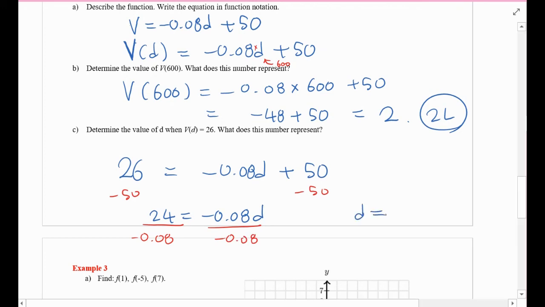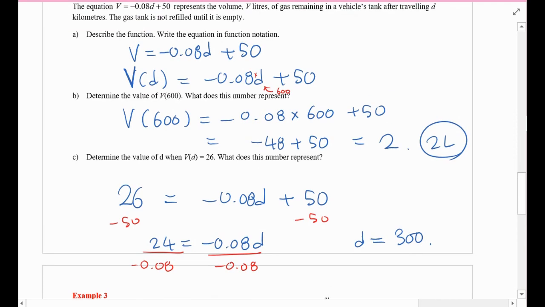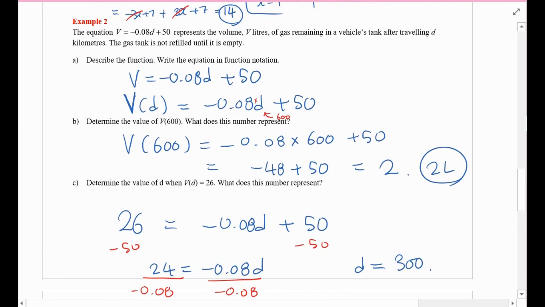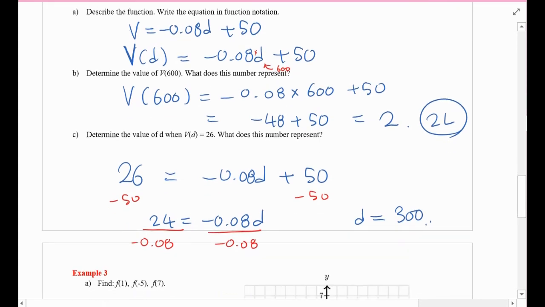And D equals 24 divided by 0.08. If you calculate it using your calculator, D is 300. Okay, so D is 300, and this D represents the kilometers. So if you go 300 kilometers, the leftover gas will be 26 liters.